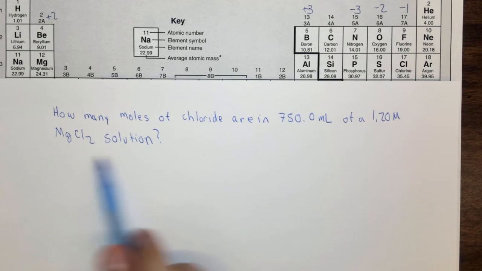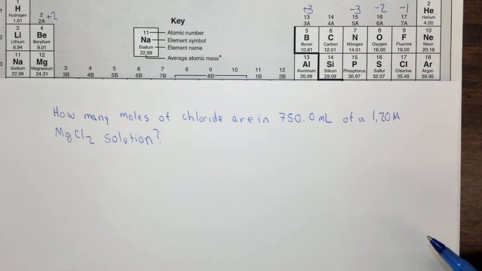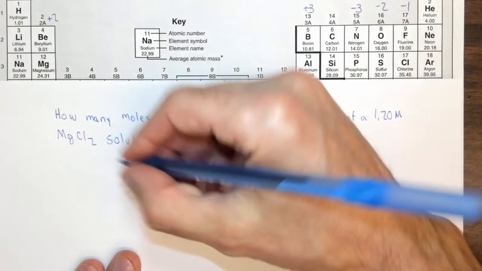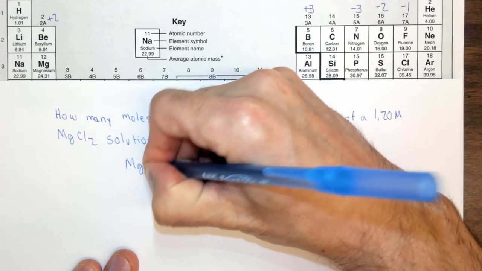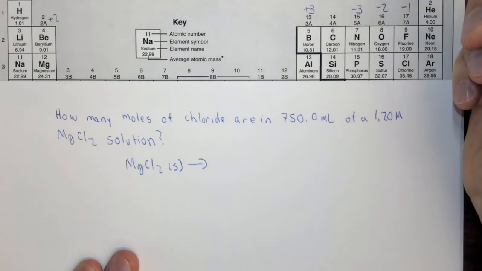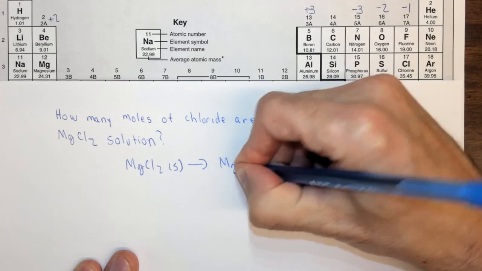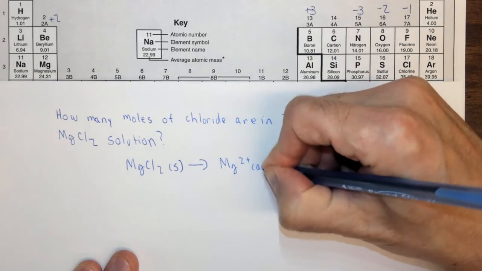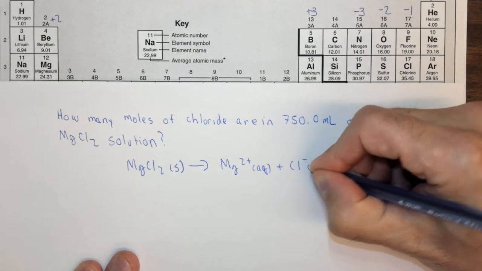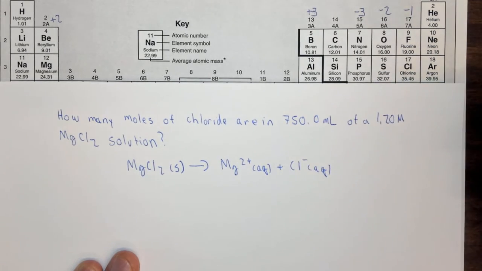So this is an interesting question. It turns out that if you take MgCl2 solid and dissolve it in water, it forms Mg2+ aqueous, its stable ion, plus Cl- aqueous, the stable ion.